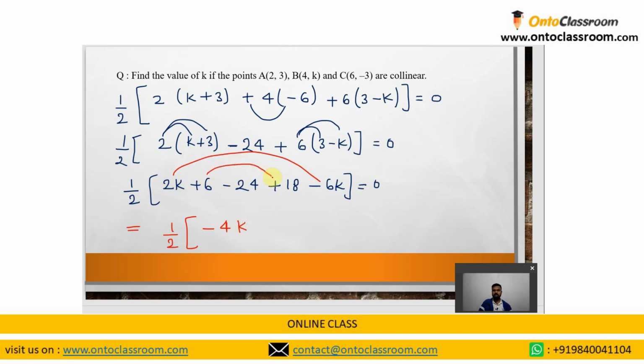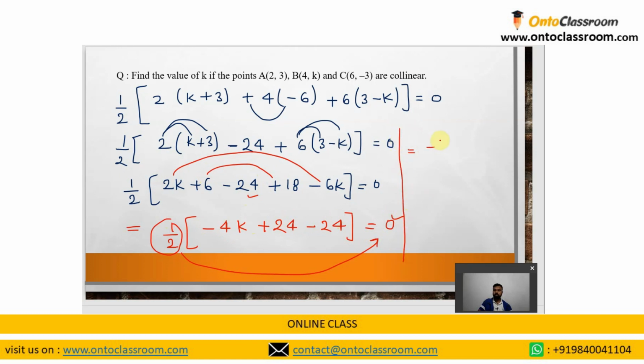Now we add 18 plus 6, that is 24, left with minus 24 equal to 0 overall. When we divide 0 by 1 by 2, sending this to the other side, we get 0.